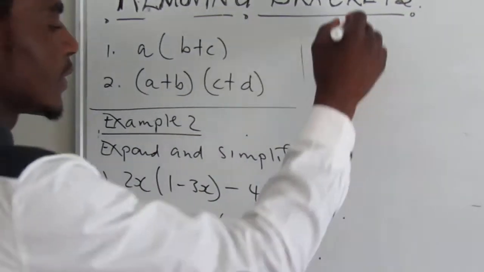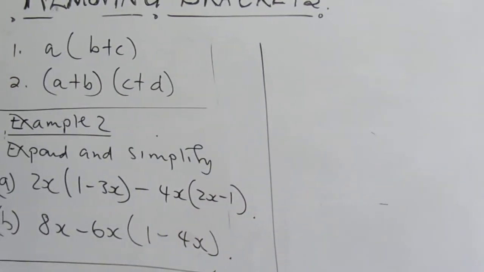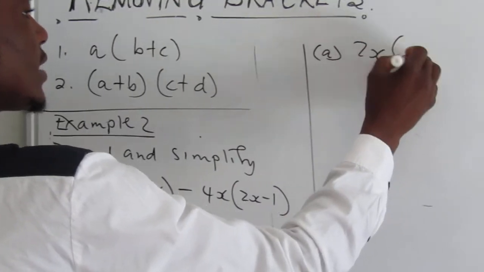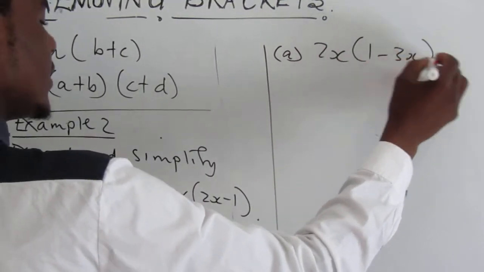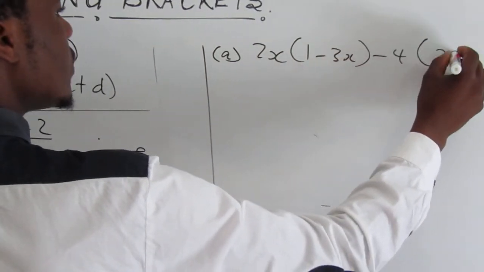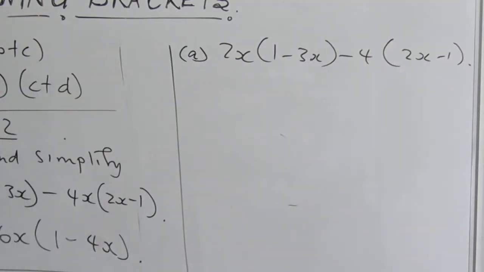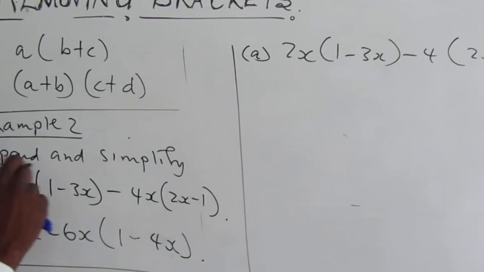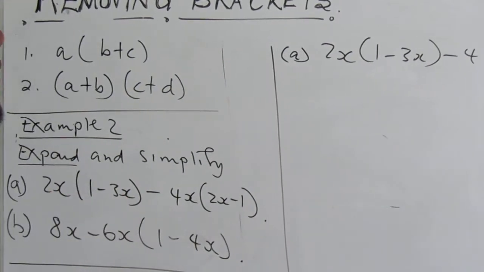Solution. Let us look at the solution. Part A, 2x times (1 minus 3x) minus 4 times (2x minus 1). The first thing, let us expand. Let us remove brackets first.